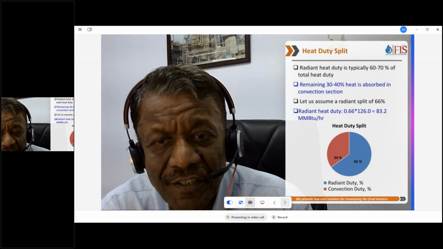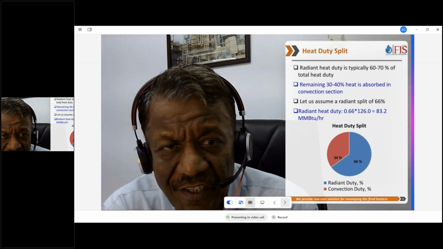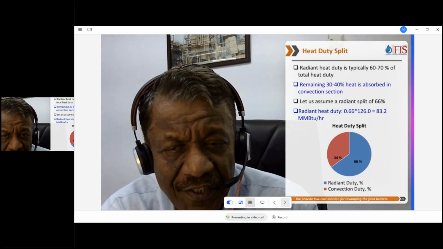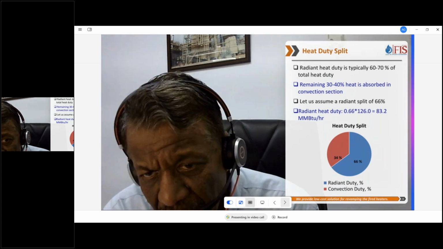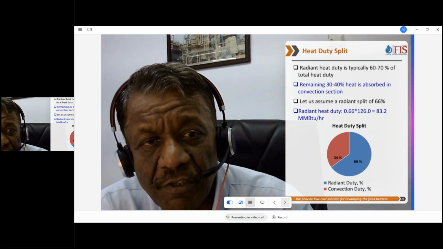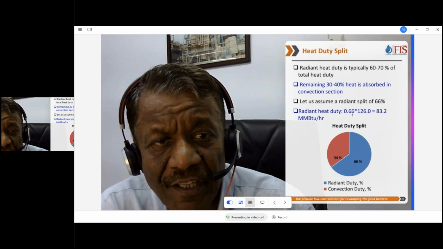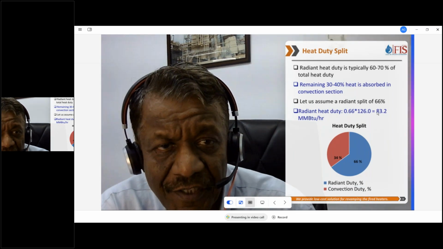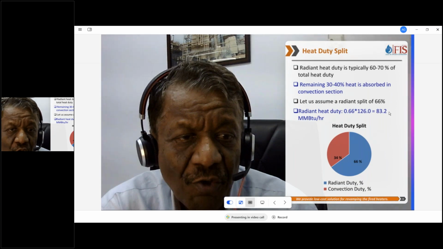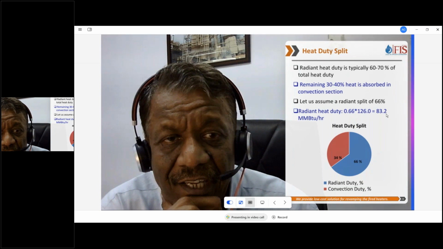This comes from the computer; we may start at 60 and go to 66, or start at 70 and go down to 66, depending on which way we go. So radiant heat duty is 0.66 times 126, about 83.2 million BTUs.